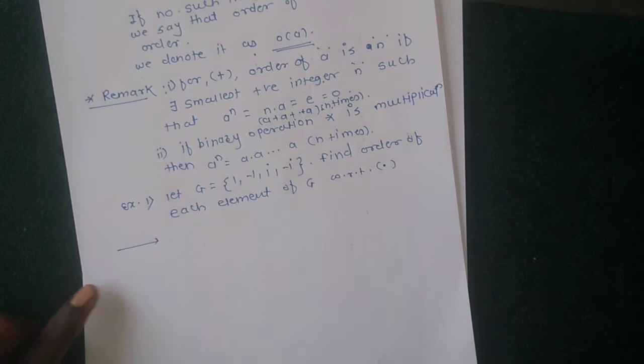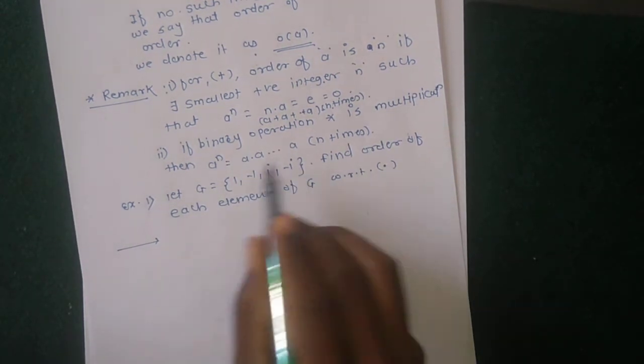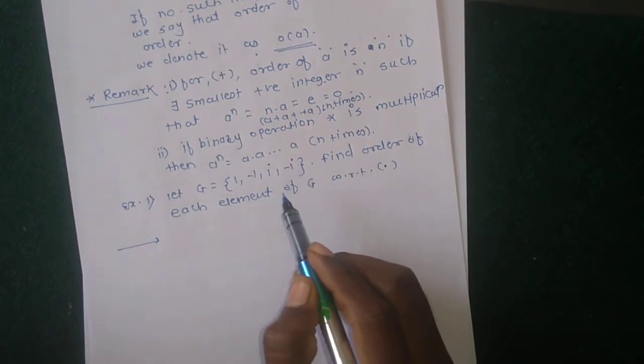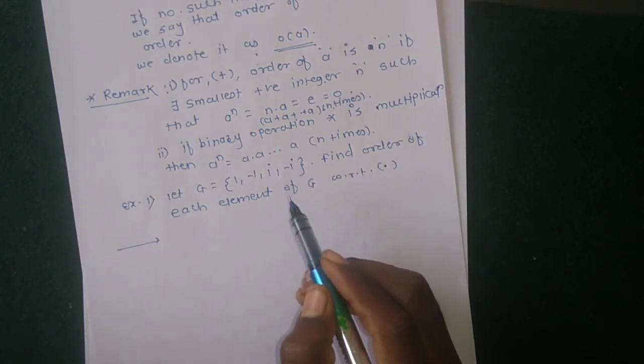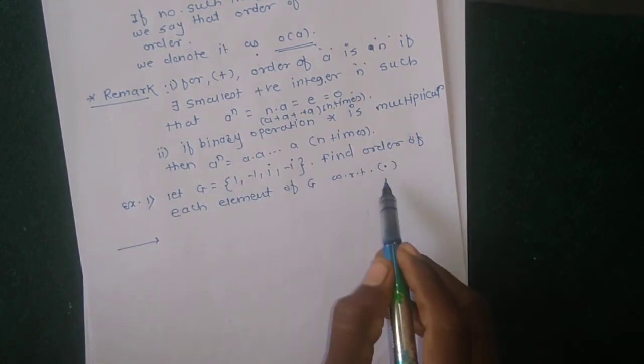How to find this? Here the Gaussian integer set is a group with respect to multiplication.